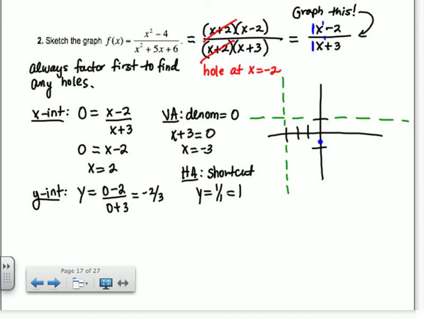That's almost at negative 1. And I have an x-intercept of 2. Okay. If you get confused, you can always do more points. But what I see is that I'm going to go along the horizontal asymptote. It doesn't touch. Mine looks like it touches, but it just goes right along it. And I'm going to hit that y-intercept, and then I'm going to go along the vertical asymptote. So you're going to have that little curve in there.